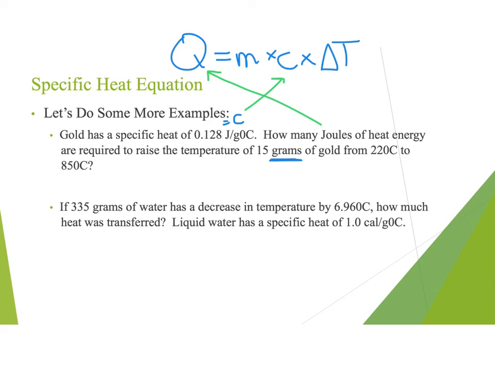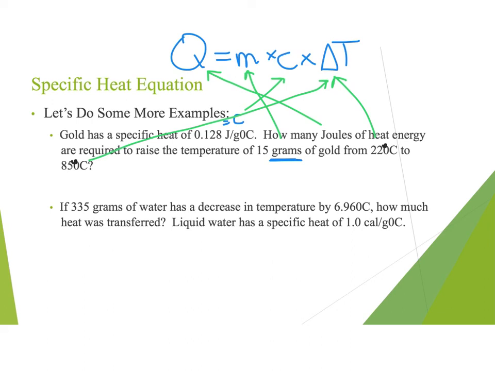Grams is our mass, from 22 degrees Celsius to 85 degrees Celsius. So there, in degrees Celsius, is our temperature, right? So those two are going to factor in with our change in temperature.